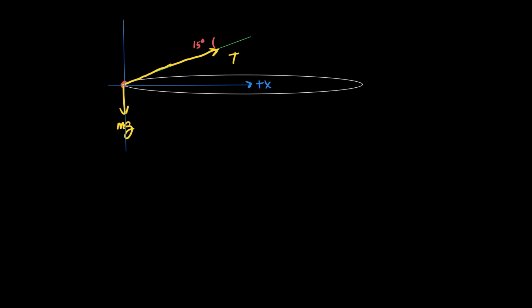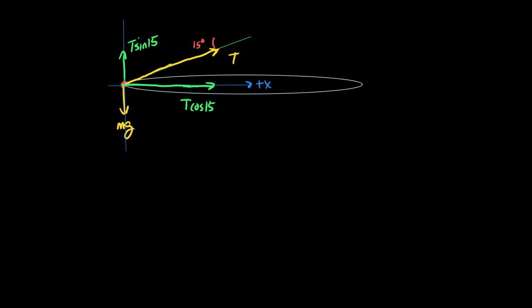I believe there will be a force of tension along this line. I think there will be T in the x direction, which will be T cosine 15, and then there will be a T sine 15 here. Any questions yet?